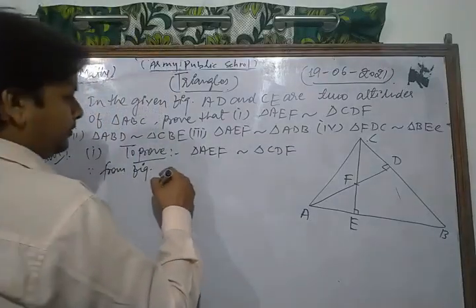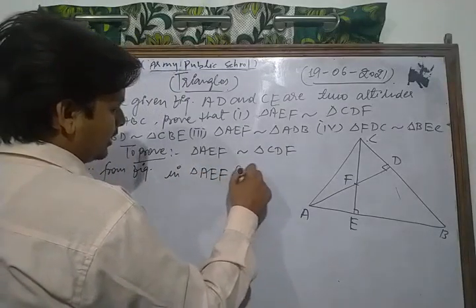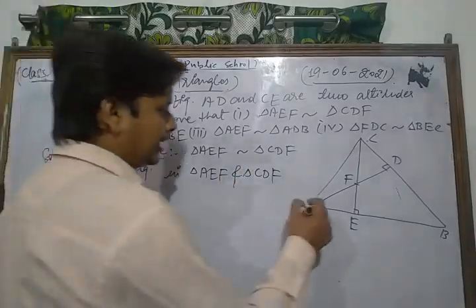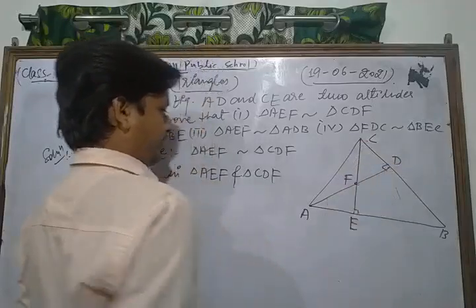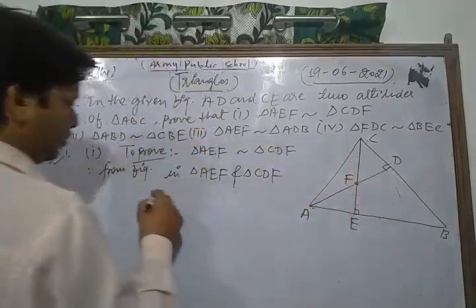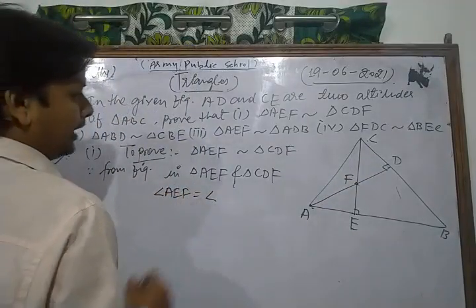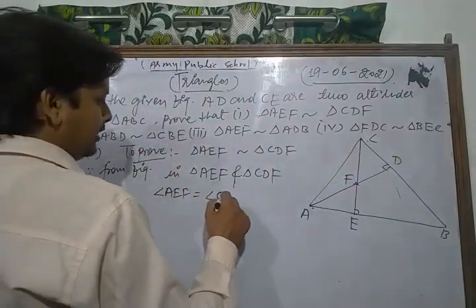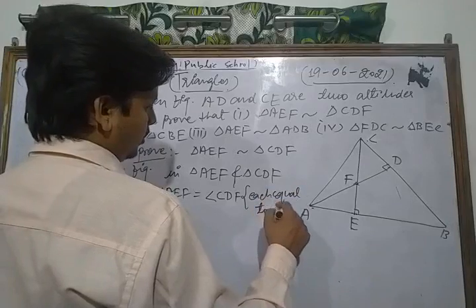In triangle AEF and triangle CDF, look, in triangle AEF and CDF, angle AEF is equal to angle CDF, because each is equal to 90 degrees.